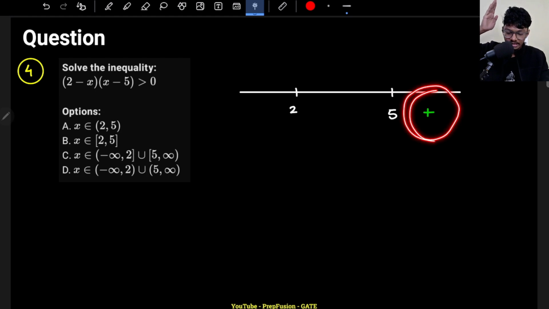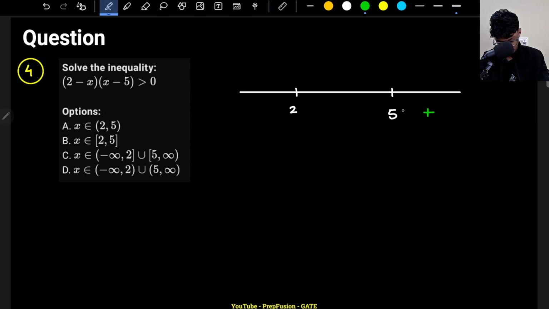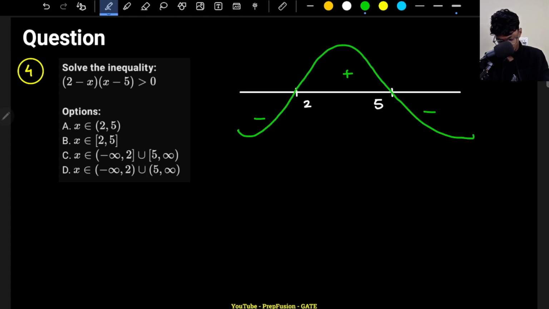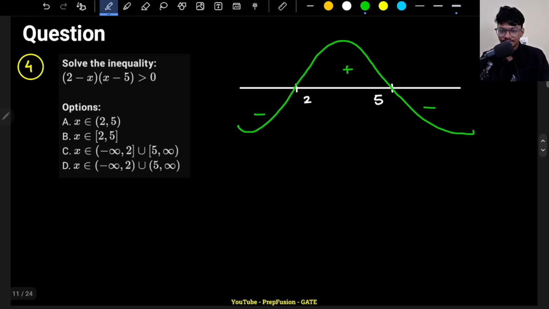So you just write the sign for one of the regions, and the other signs you get by just changing the signs. So this will not be positive, this will be negative, this will be positive, this will be negative. Basically my wavy curve will be something like this.